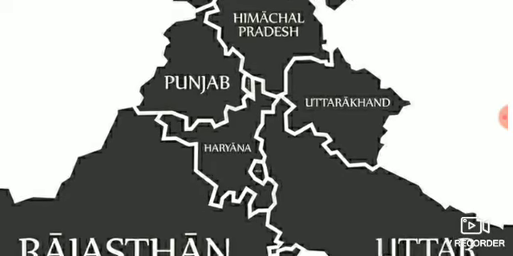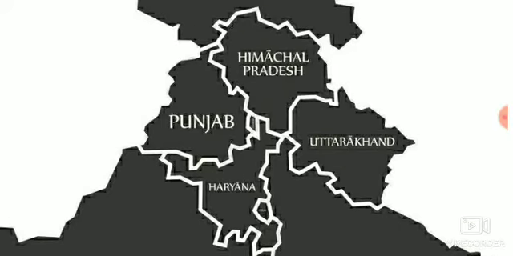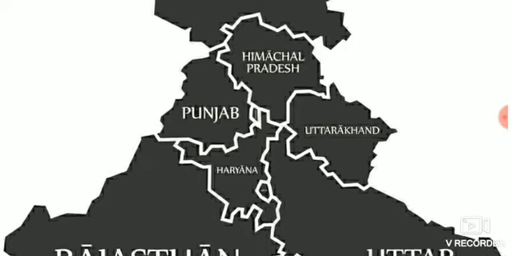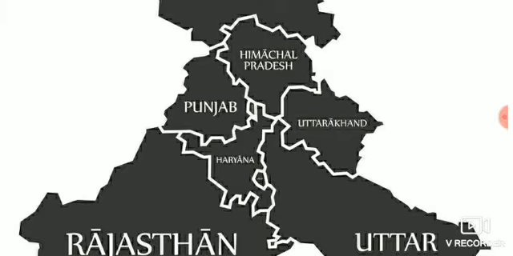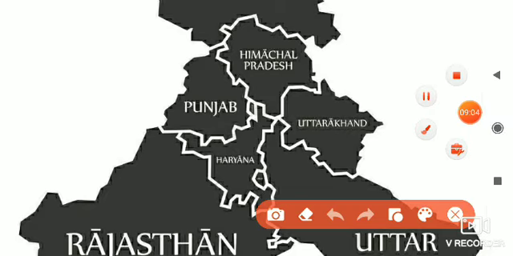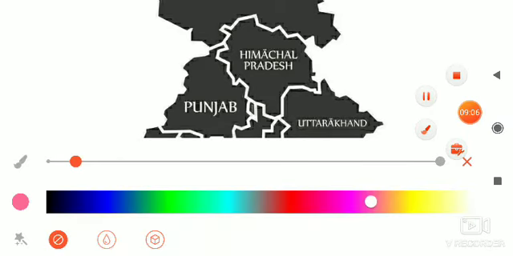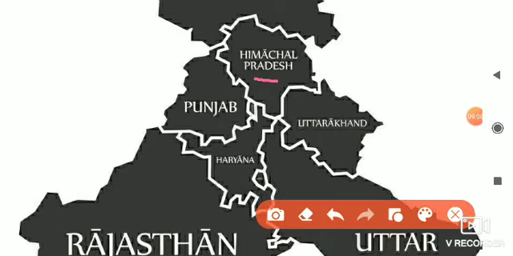Okay, this place, it is Himachal Pradesh, and the left to it, it is Punjab. This is Himachal Pradesh. This is Punjab. This is Uttarakhand. This is Haryana.